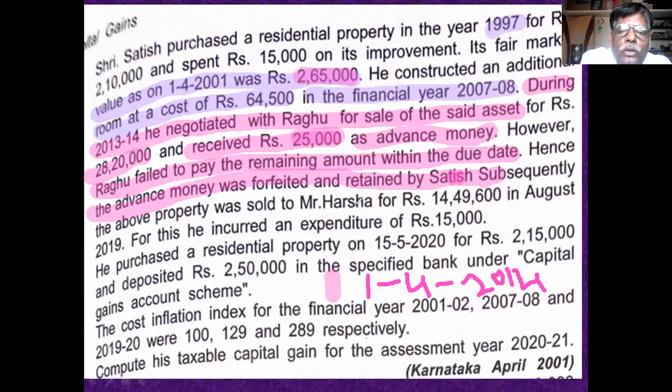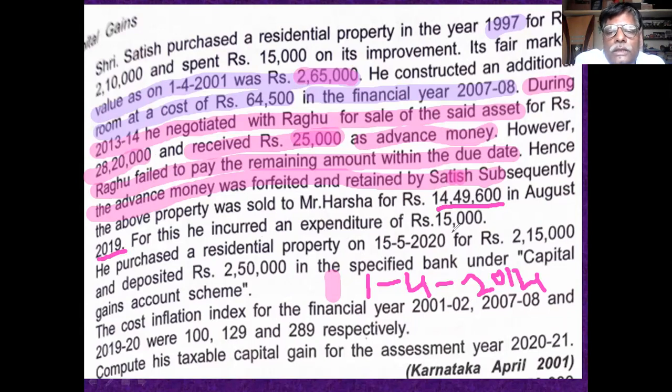And the above house was sold. It is cancelled and again the house is sold for rupees 14,49,500 in August 2019. The first sale was cancelled and the second sale is in the year 2019.